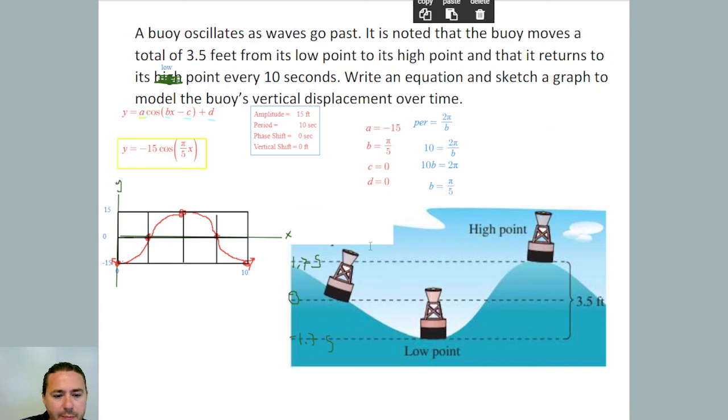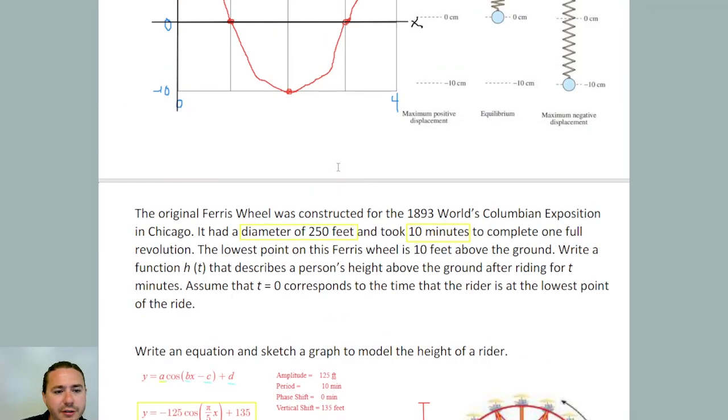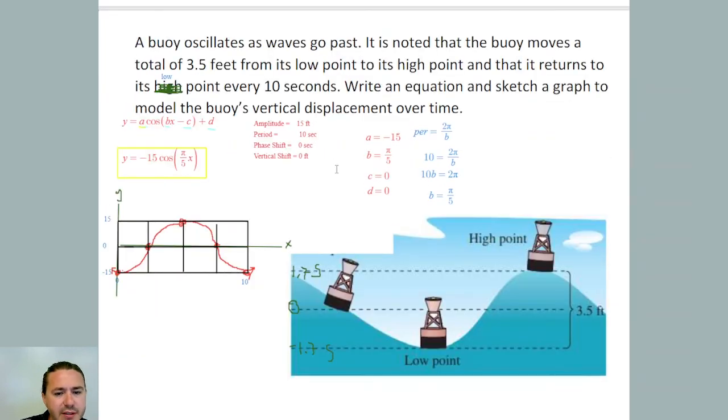Okay, so my amplitude here is going to be 1.75. Now this doesn't say where we start, but it does say it goes from its low point to its high point. So I guess we're going to start at our low point. Actually, just to make things a little more interesting, since we did cosine on all these so far, let's say that this thing is going to start at equilibrium.